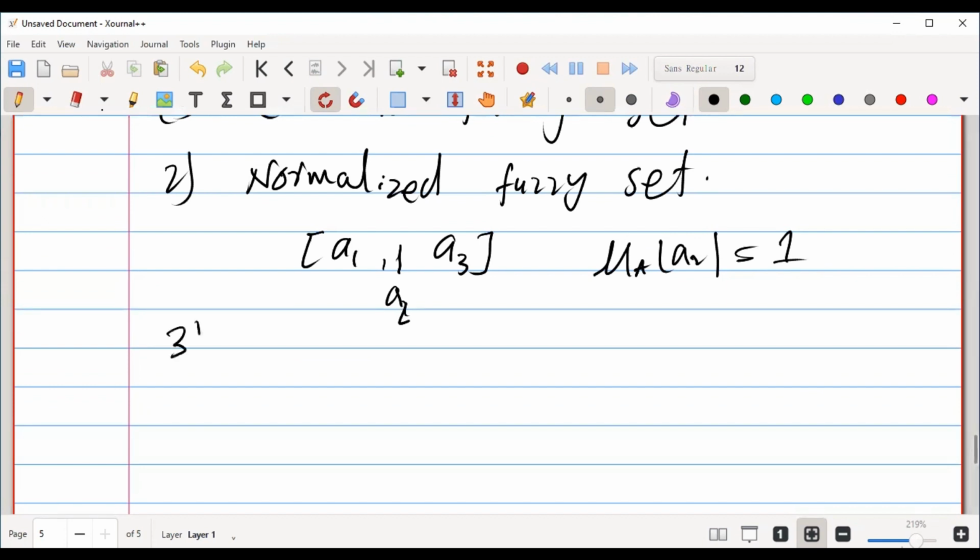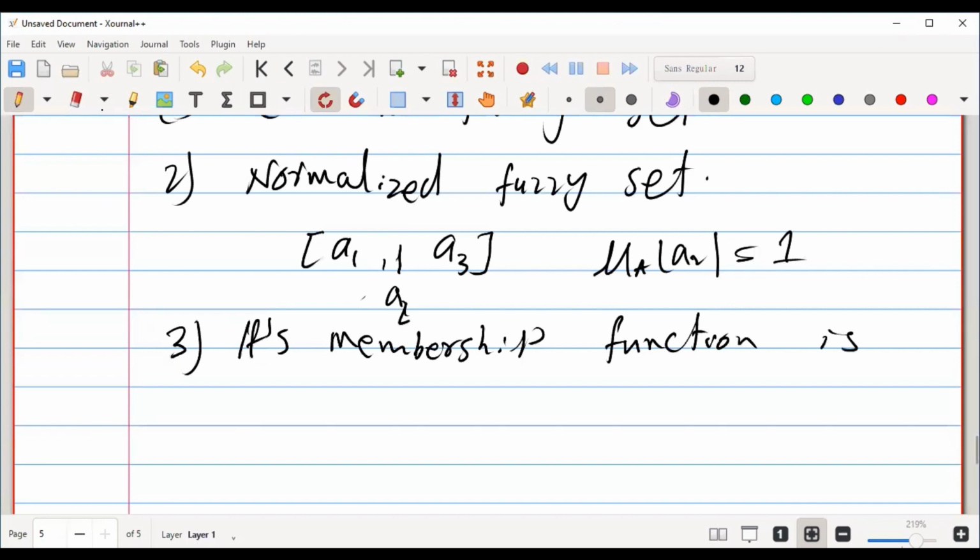And the third condition is that its membership function is piecewise continuous.